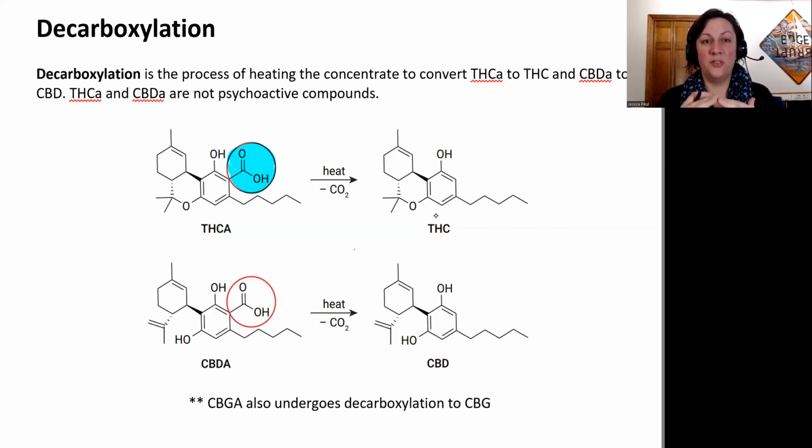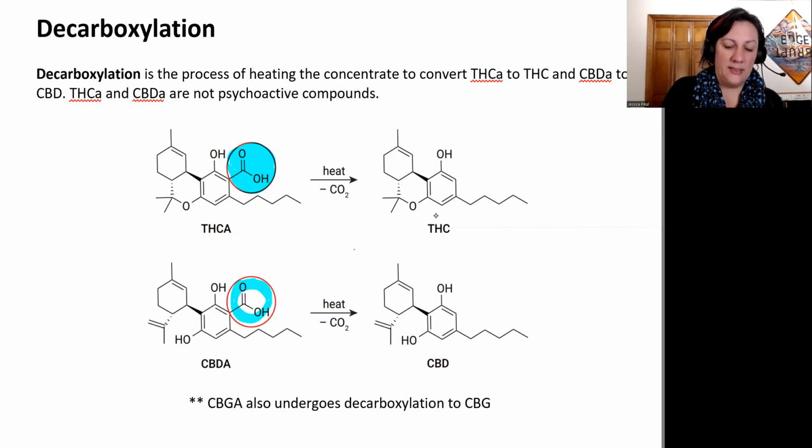Once it's removed, THC is much more capable of crossing that blood-brain barrier, and therefore we see more psychoactive effects from it. It's the same part in both the CBDa and the THCa molecule.